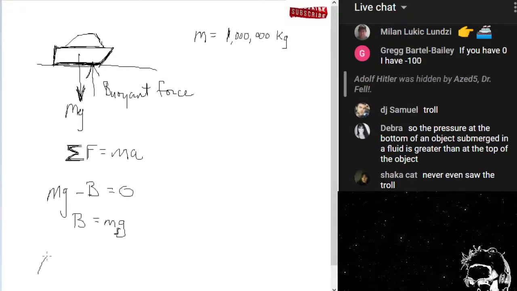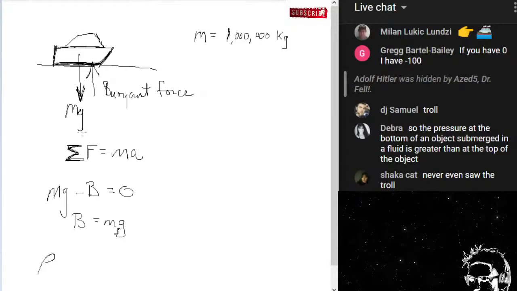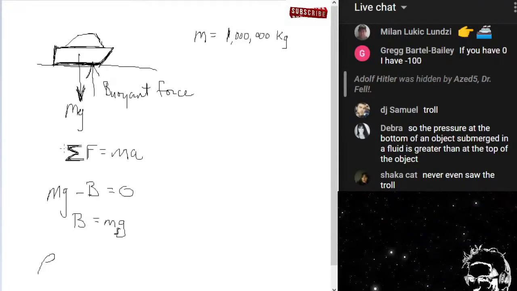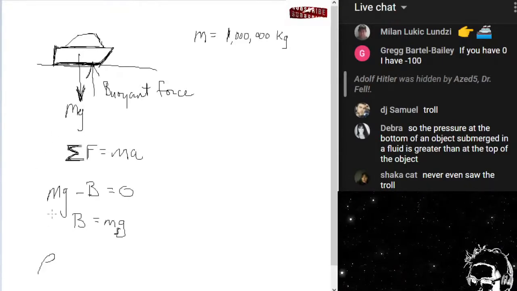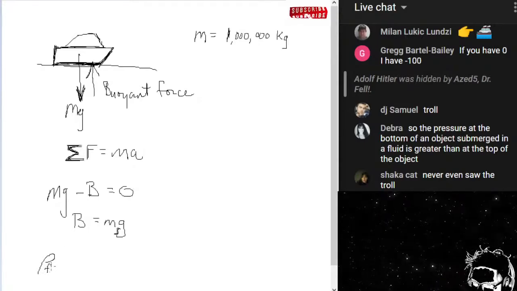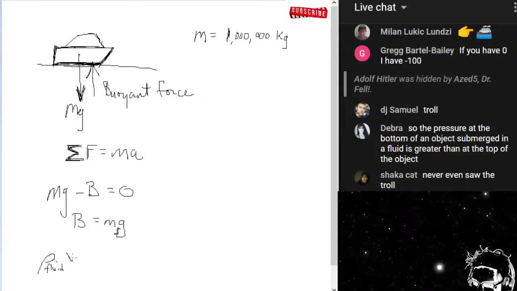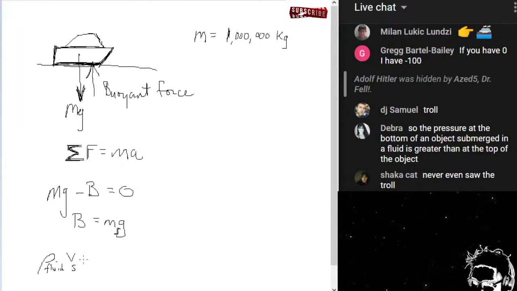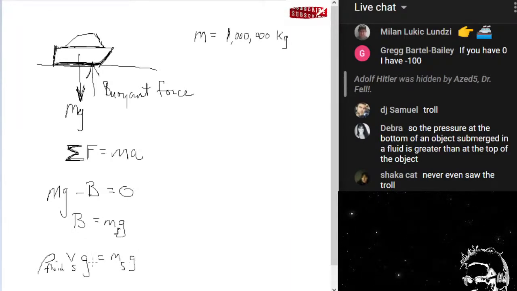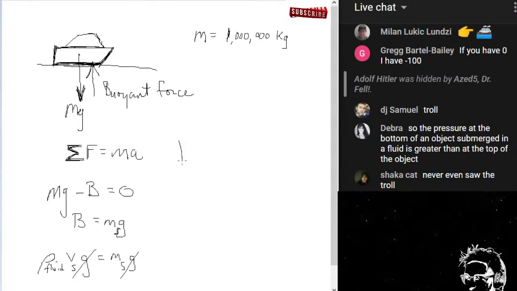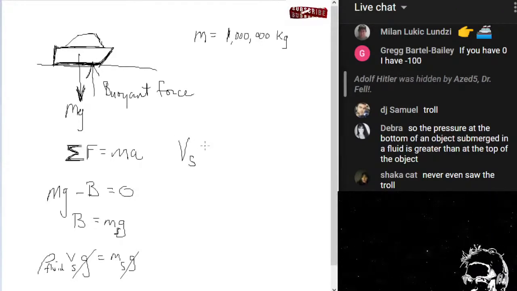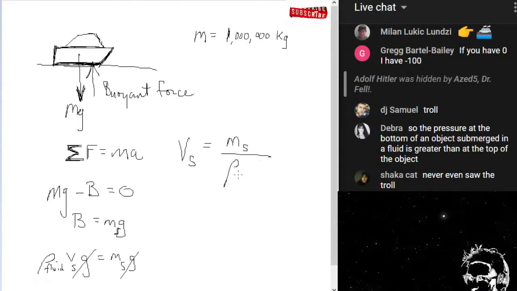So remember, the buoyant force is rho Vg. Yes, rho of the fluid, V of the volume of the ship, times G equals mass of ship times G. So the G's cancel. So you get the volume of the ship has to equal the mass of the ship over the density of the fluid.